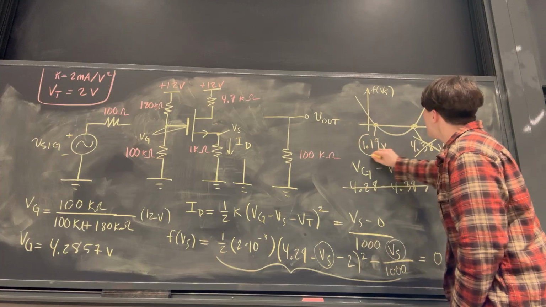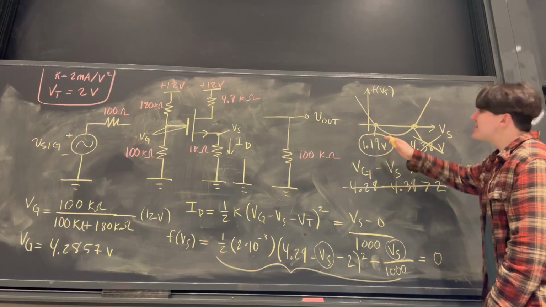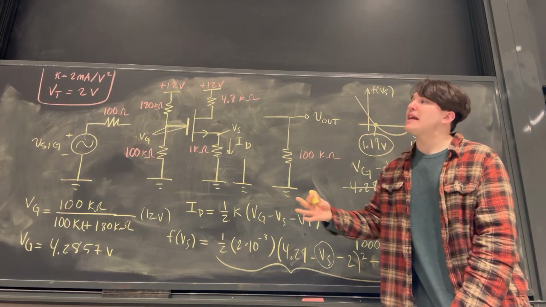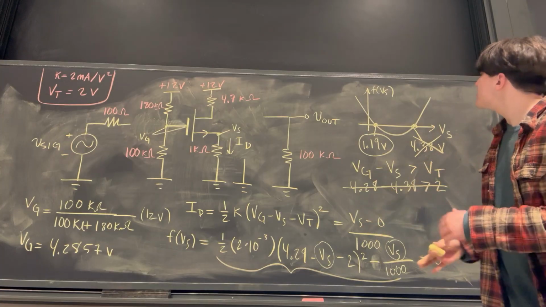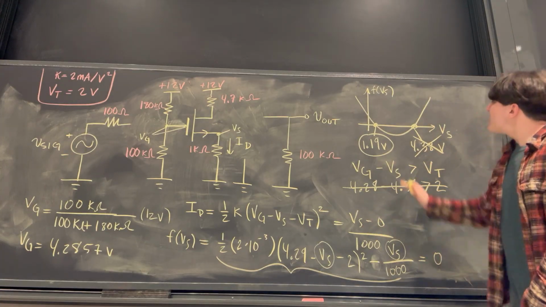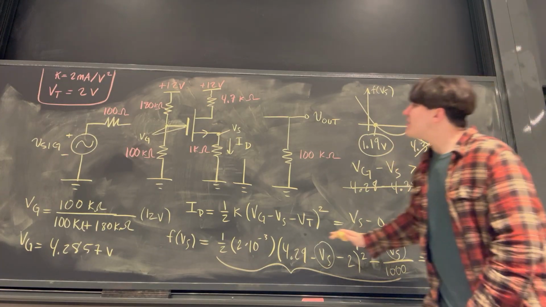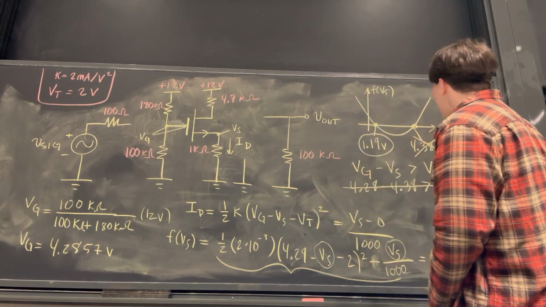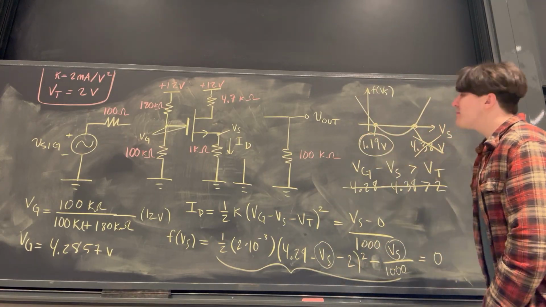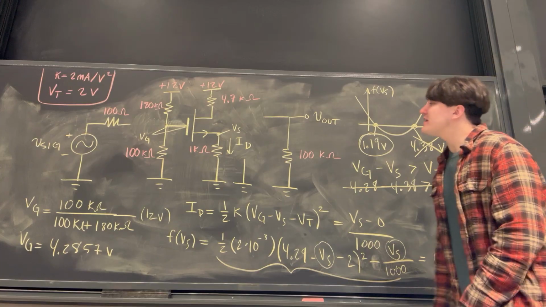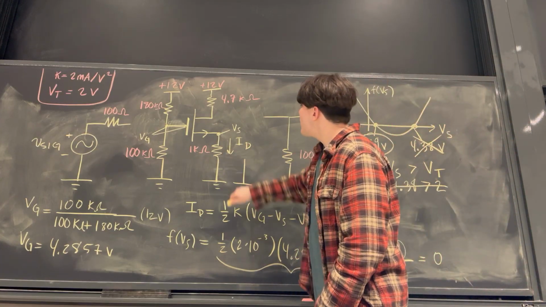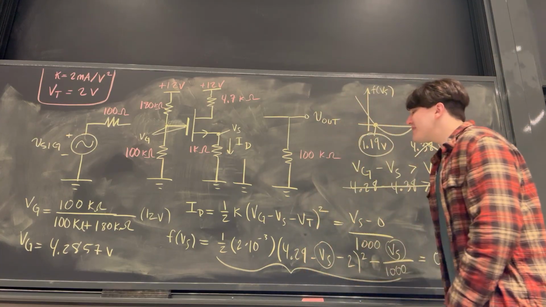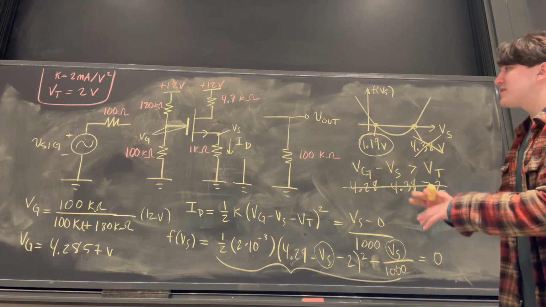Therefore, this 1.19 volts, this is an approximation. The true value is like 1.19332, and so on. But this is the only valid voltage at the source node. So if we run with this as our number, we can then calculate ID, which is the total current, because that's just Ohm's law.